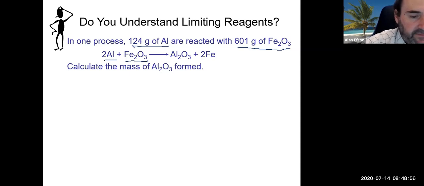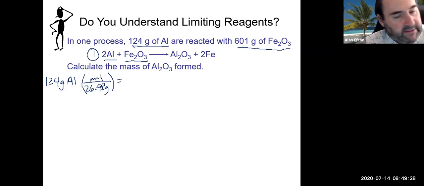The first two steps are really the same no matter what approach you take. The first thing is obviously we want to balance the equation, which it is balanced. The next thing is to take whatever they gave us and convert it into moles. So we would take 124 grams of aluminum, go to the periodic table for aluminum, which is 26.98, and convert that into moles.